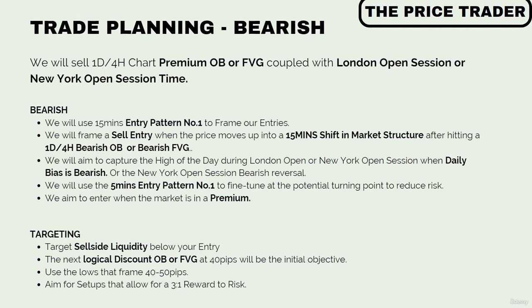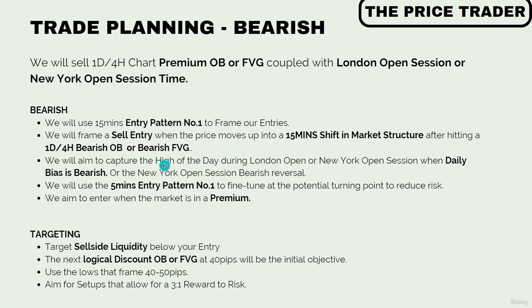Then we'll frame a sell entry when the price moves up into a 15 minutes shift in market structure after hitting the 1 day or 4 hour bearish order block or bearish fair value gap, and then you want to sell at that 15 minutes shift in market structure. So let's look at an example of how that looks.